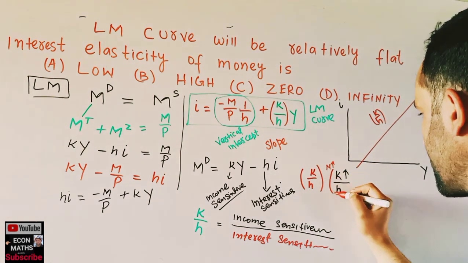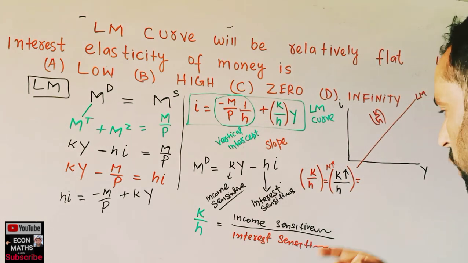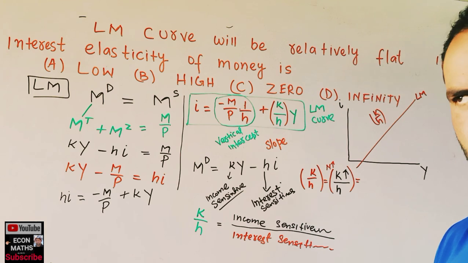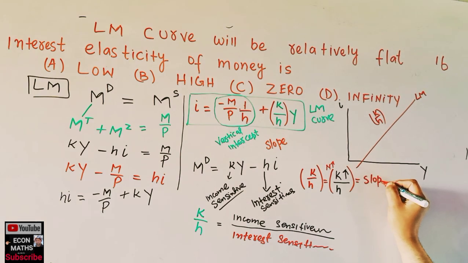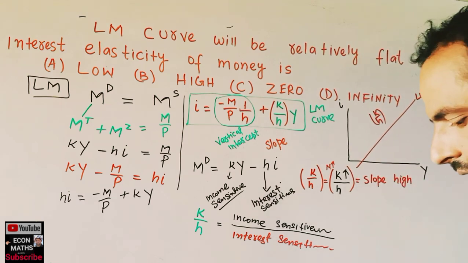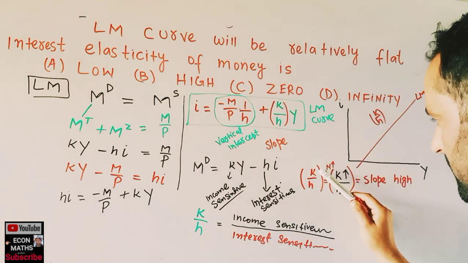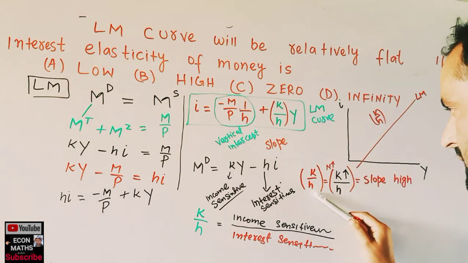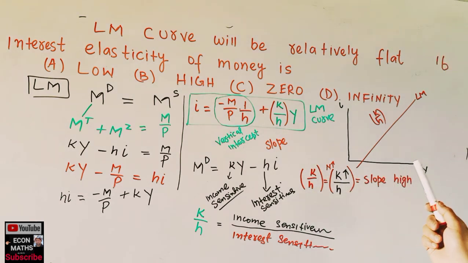If the numerator is high and the denominator is low, the whole number becomes high. That means the slope will be high. Let me repeat it: if k is relatively bigger than h, this whole number will be bigger, and if the whole number is bigger, the slope will be high.